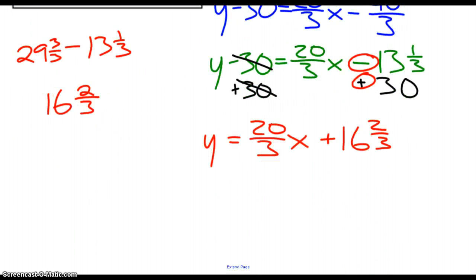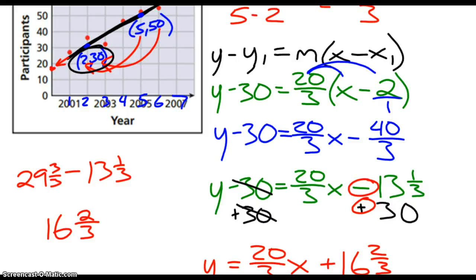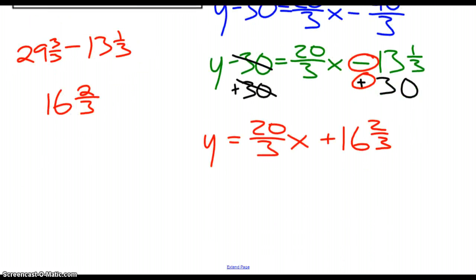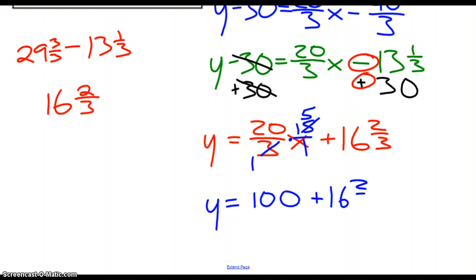Now we want to figure out how many participants about there would be in 2015. Now since I changed my bounds to 1, 2, 3, 4, 5, I'm going to just put 15 in here. So for x, so times 15 over 1, and here we go. We've got 3 and 15 can cancel, so divide by 3, divide by 3, I've got 20 times 5 over 1 times 1, or just 20 times 5 is 100, plus 16 2/3.